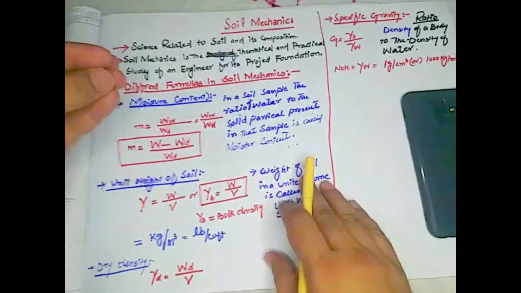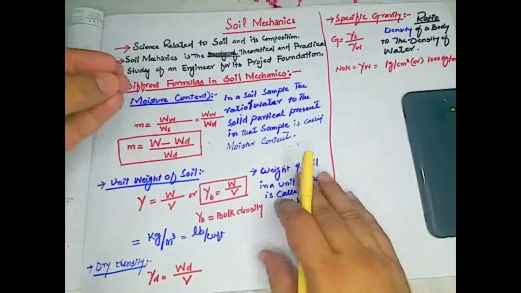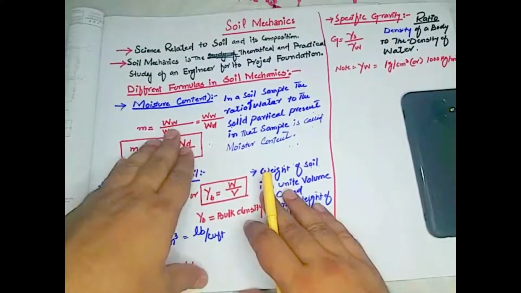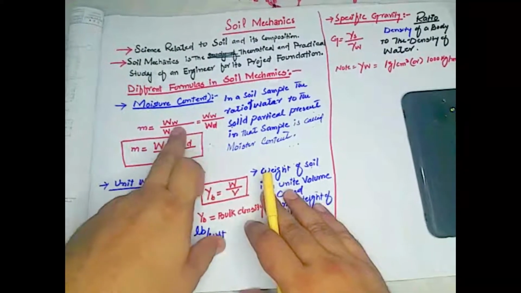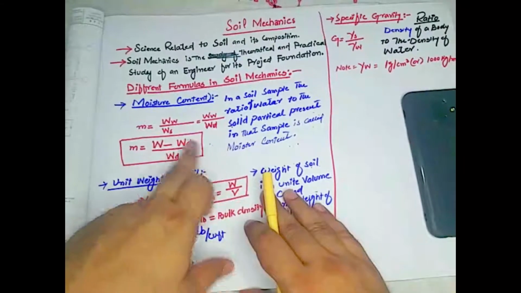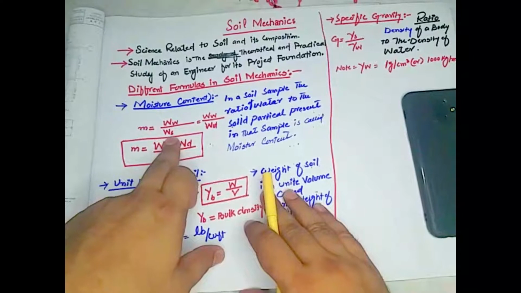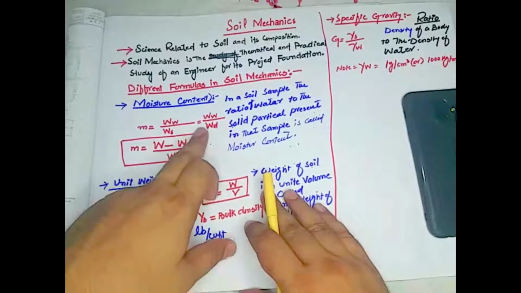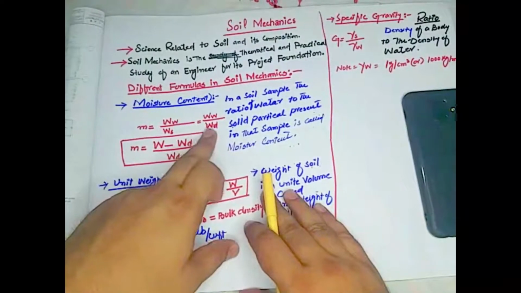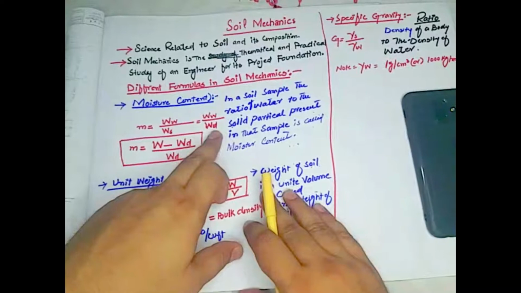If we have a sample of soil, it is the total weight of water divided by the total weight of dry soil.